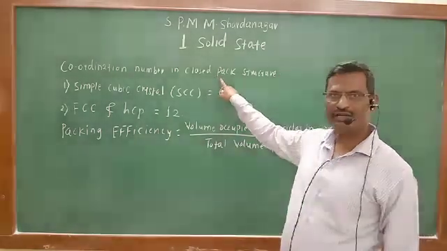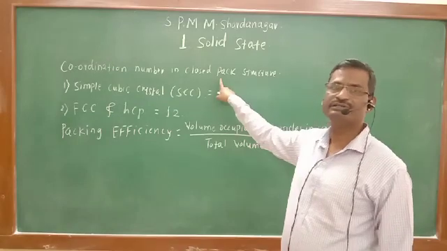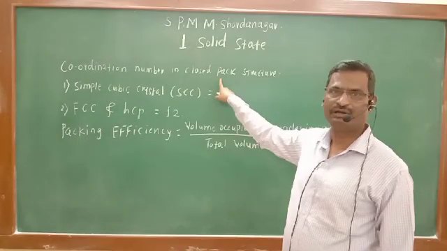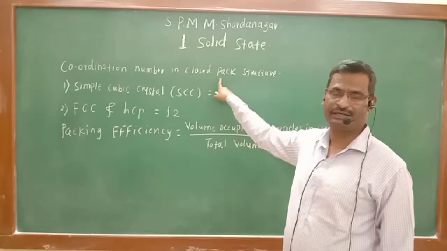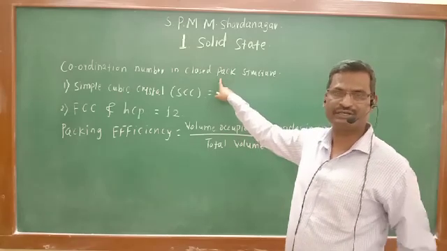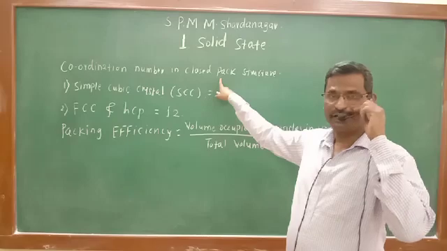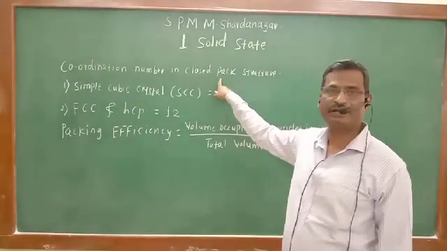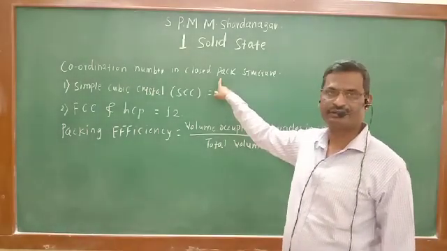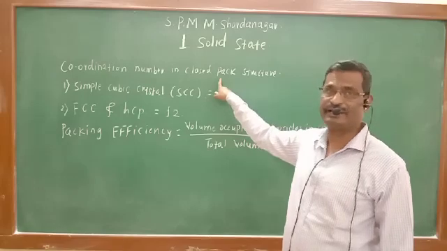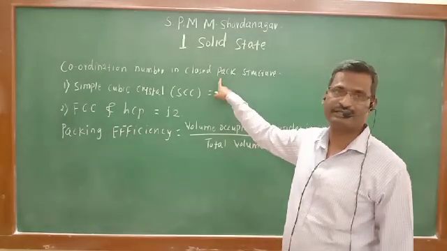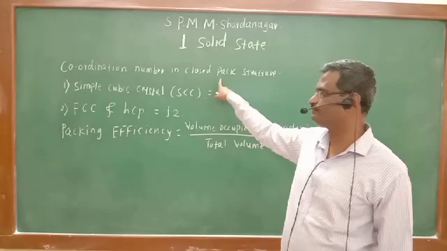We know coordination number is nothing but the number of neighboring particles, the number of neighboring spheres of a given sphere, and that is the coordination number of that given sphere.